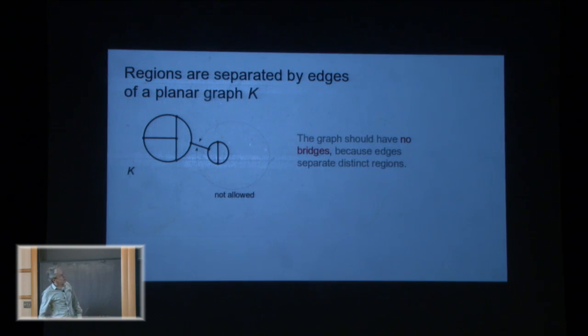So the sort of graph we're talking about has no bridges. This is a picture of what a bridge is for a graph. It's an edge the removal of which will separate the graph into two components, or equivalently, it's an edge such that the regions on either side of the edge are actually the same region. So we want only bridgeless graphs when we're talking about the four-color theorem.